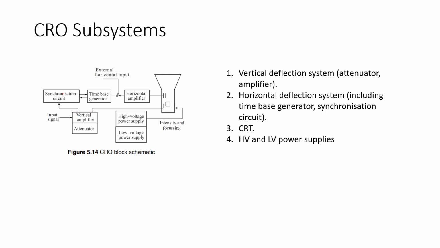The first one is the vertical deflection system, where we have the attenuator and also amplifier here, and then we have the horizontal deflection system, including the time-base generator and also synchronization circuits here. And then we have a CRT here, and also high voltage and low voltage power supply. So these are the four important blocks in the CRO subsystems.